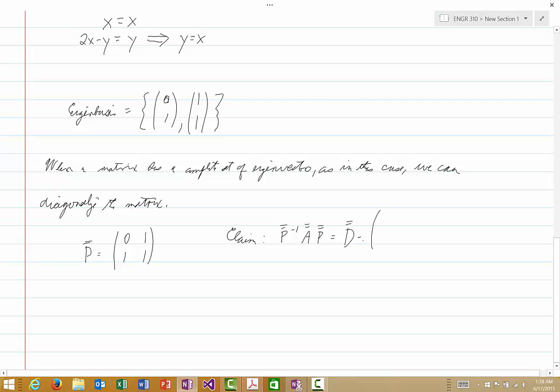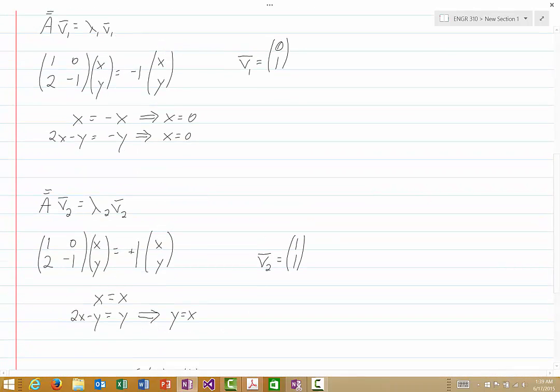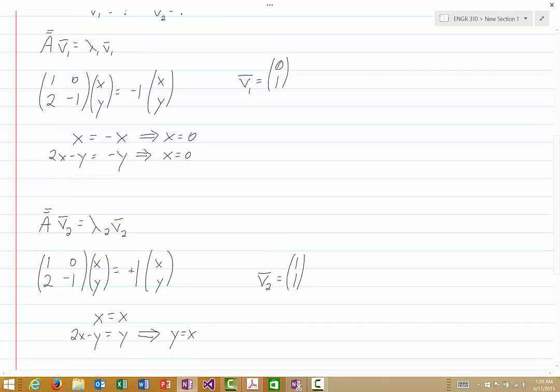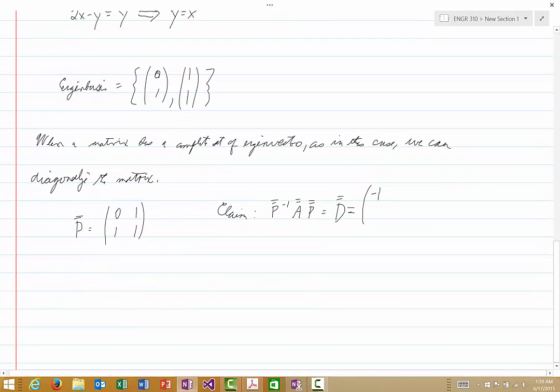In particular, the diagonal matrix that it will be equal to is the diagonal matrix whose diagonal elements are the eigenvalues of A, and they will appear along the diagonal in the same order as the corresponding eigenvectors do in P. So in other words, since we put 0, 1 first in P, since that's the first column of P, then the first eigenvalue that will appear in D is the eigenvalue that goes with 0, 1, which is lambda 1, which is negative 1. So we will get negative 1 here.